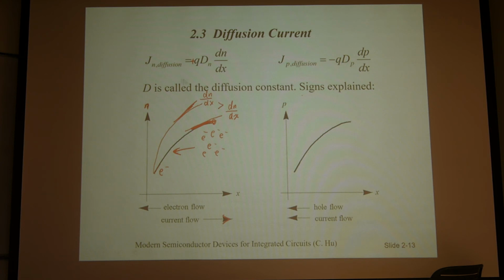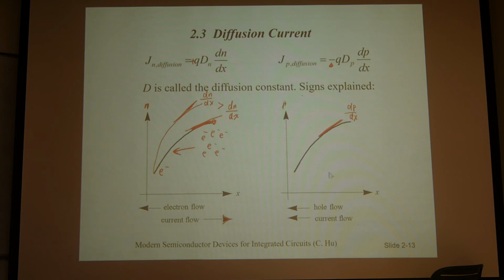This is a little bit different when you consider the hole diffusion. The left one is electron, and the right one here is hole. If it has the same kind of profile, then we need to take the negative sign here. The reason is still the gradient is positive. The dp over dx is positive.